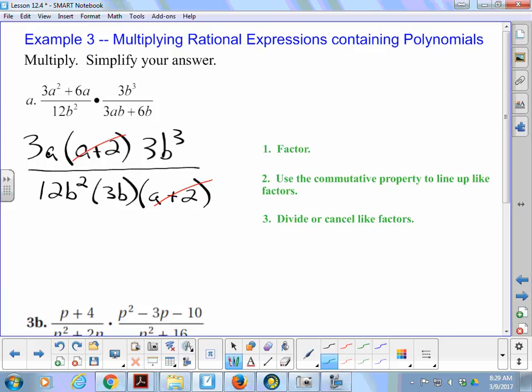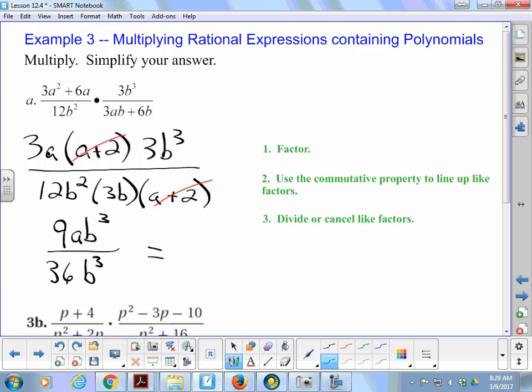So 3 times 3 is 9. I have a b to the third power. 12 times 3 is 36. And I just had b to the third power. So how many times is 9 going into 36? 4 times.